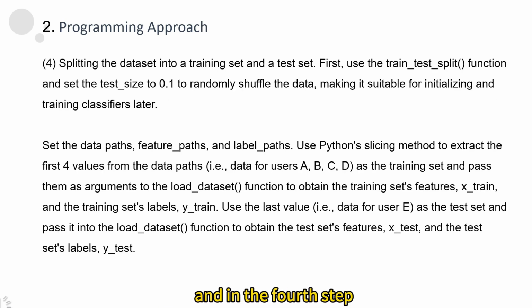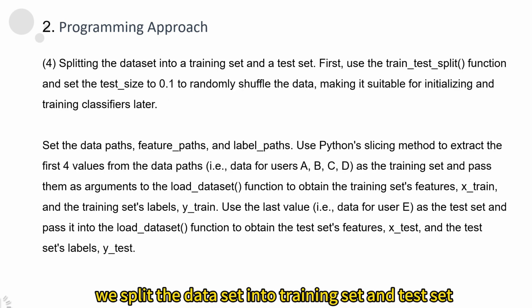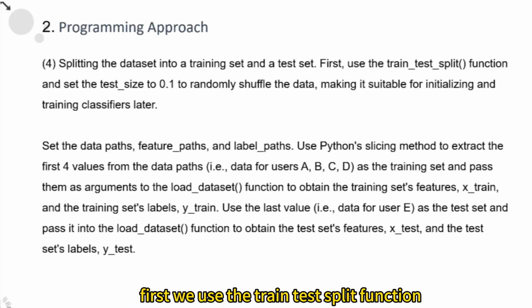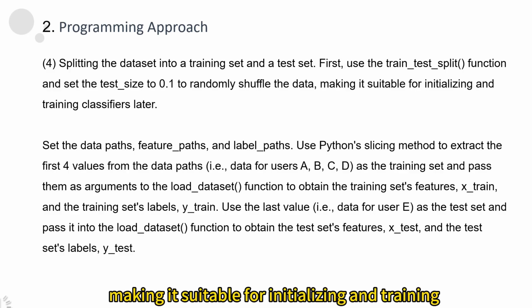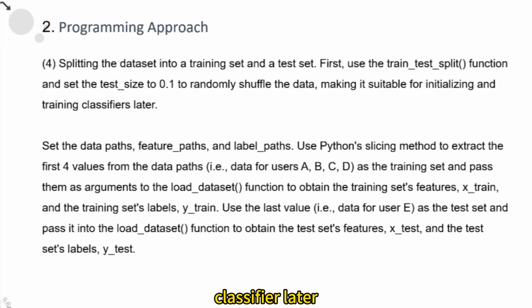And in the fourth step, we split the dataset into train set and test set. First, we use the train_test_split function and set the test size to 0.1 to randomly shuffle the data, making it suitable for initializing and training classifiers later.